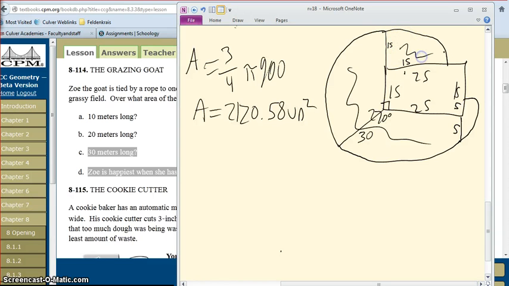Let's do right here, 90 degrees. So area equals 1/4, 90 divided by 360, pi 15 squared. 15 squared is, I'll get out my calculator for once. 15 squared, 225.